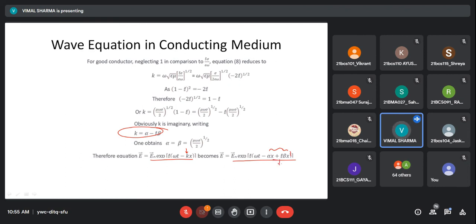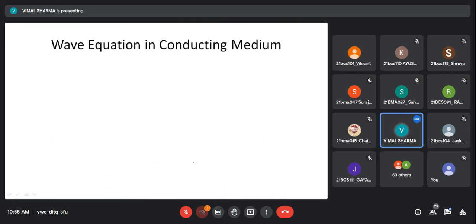And what do these depend on? This K is now in terms of what? It is in terms of the properties of this medium, the conducting medium. It depends on mu, and it depends on conductivity, sigma. Okay, so now we can separate.